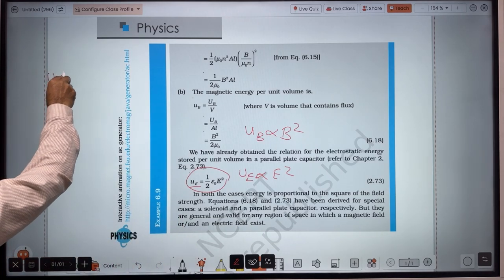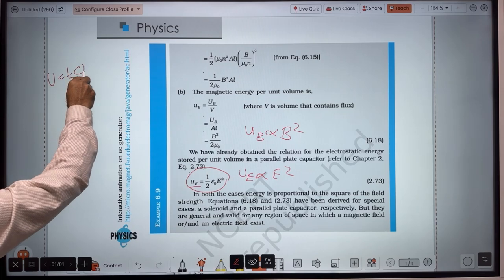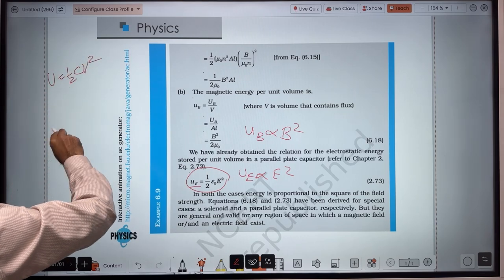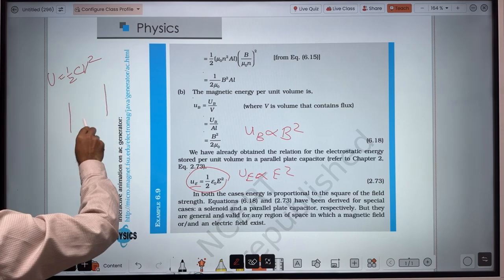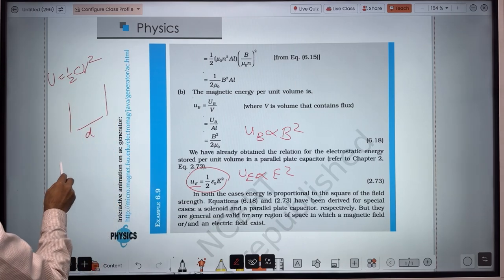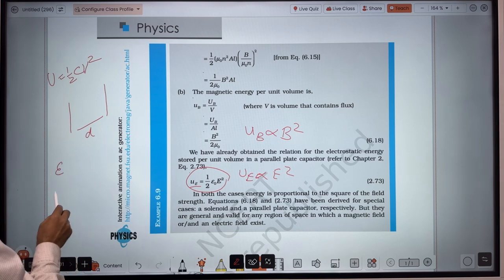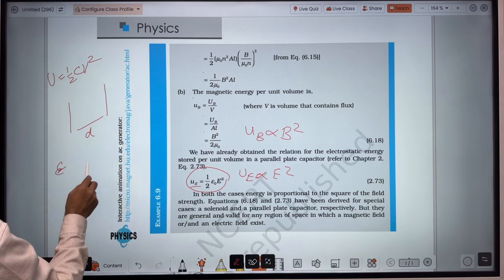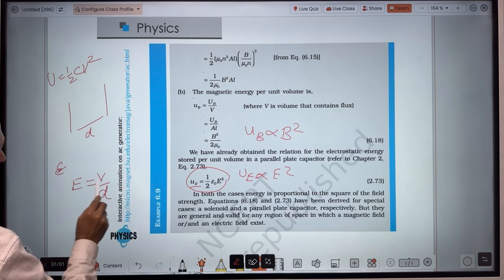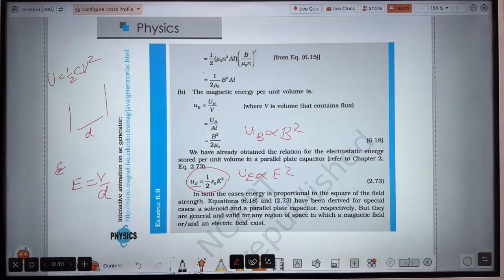Energy stored U equal to half CV square, right? And if you remember, suppose these are two plates and separation is D. So the electric field is given by what formula? Do you remember? E equal to V upon D, right?